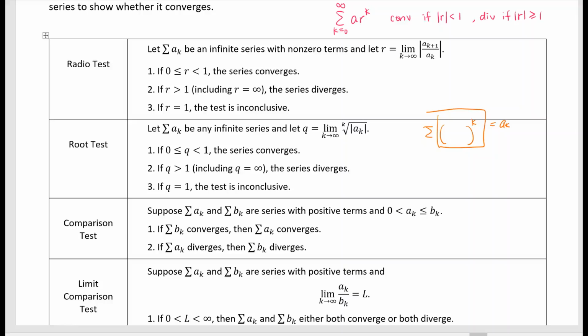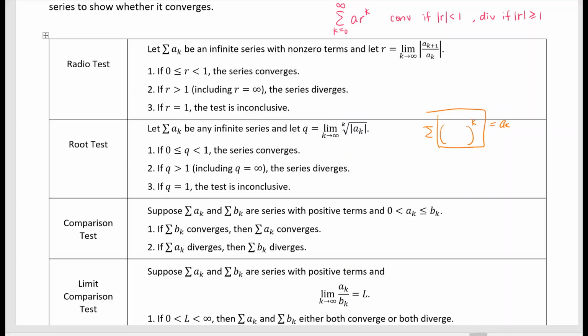then the series converges. If q is greater than 1, including q is infinity, including the limit is infinity, then the series diverges. If q is 1, the test is inconclusive. It means we should use other tests. We should not use root test. You can see this is actually the same as the ratio test. So those criteria are very easy to remember.